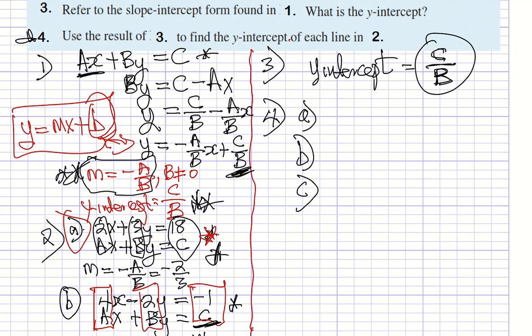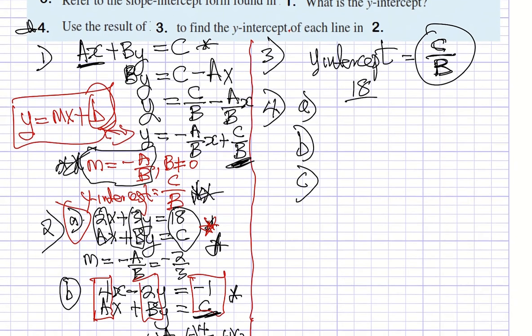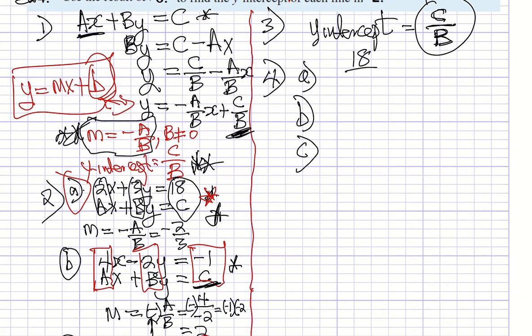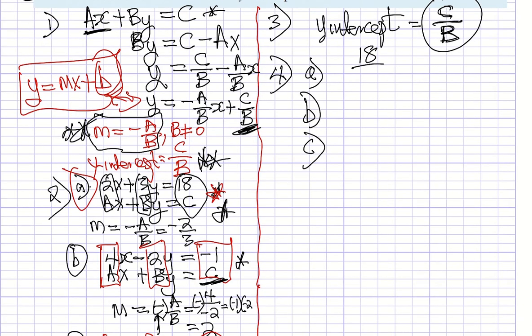And then for each equation, you have to do that. But you have to read it up here. What is C? What is B? For the first one, C is 18, so you say 18 over, what is B there? B is 3.